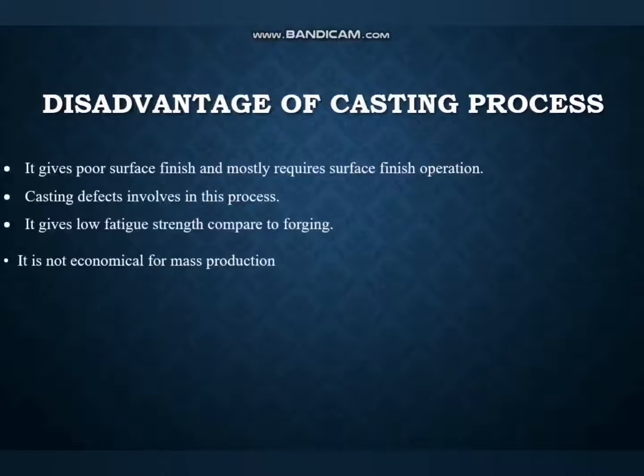The disadvantages of casting: it gives poor surface finish and mostly requires a surface finishing operation. Casting defects are involved, it gives low fatigue strength compared to forging, and it is not economical for mass production.